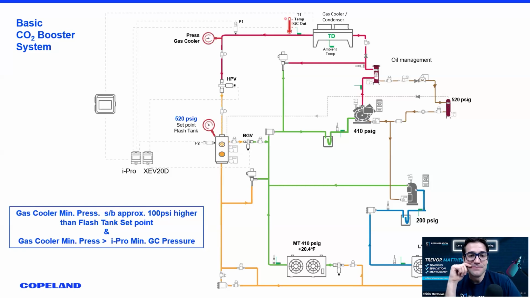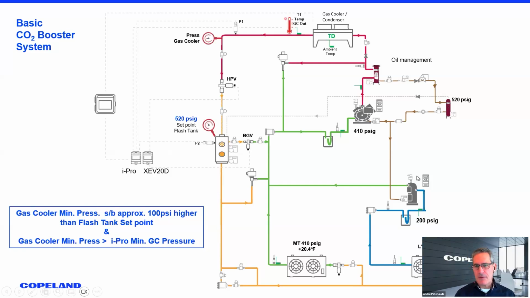Super important. The other thing too, I don't know if you can see my full screen, Trevor? Yep. Because I've got it blocked here, maybe, oh, there you go. So when we look at this schematic now, this is a different schematic, but all those colors I talked about originally also apply. And we've got my T1 temperature sensor sitting here at the outlet of my gas cooler. One of the things we found from our field service team, when we went back and did some troubleshooting of CO2 systems, was something super important that needed to be followed.